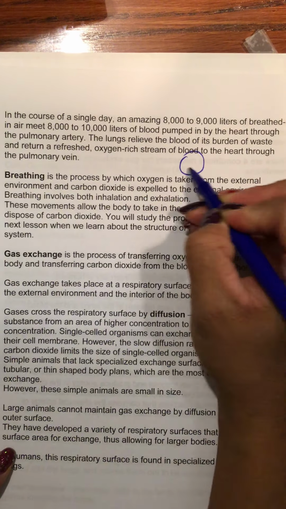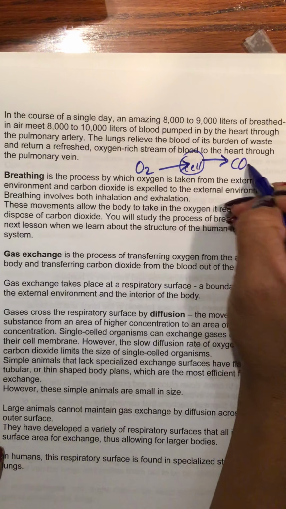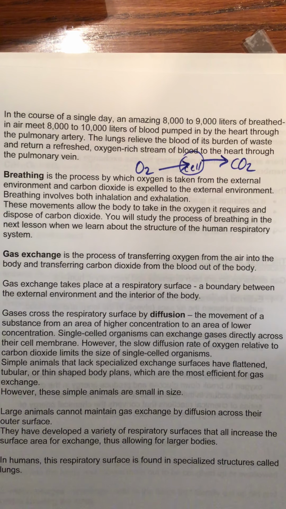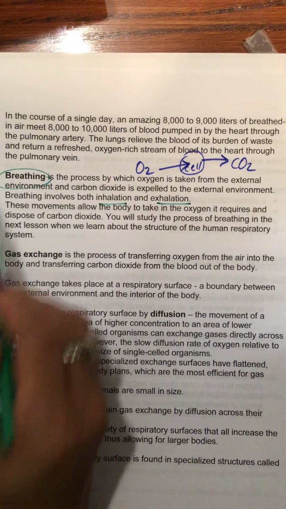So here's the cell. The cell takes in oxygen, and the product of cellular respiration is CO2, and it needs to be taken out of the cell and into the external environment. And we accomplish this through breathing. It involves both inhalation and exhalation.